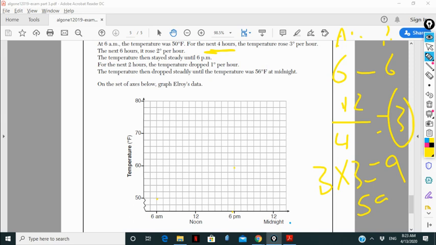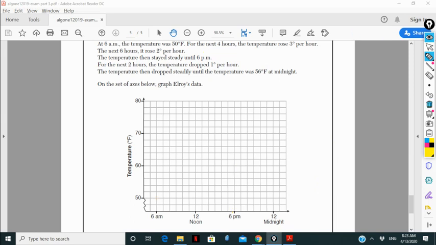Oh, sorry. I made a mistake again. So at 6 a.m., it's going to be 50. For 4 hours, it's going to rise by 12 because each hour is going to rise by 3, times 4, increasing by 12. So at 10 o'clock, it's going to be 62.